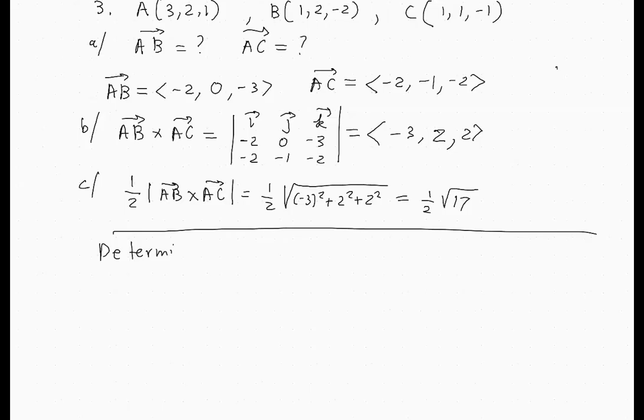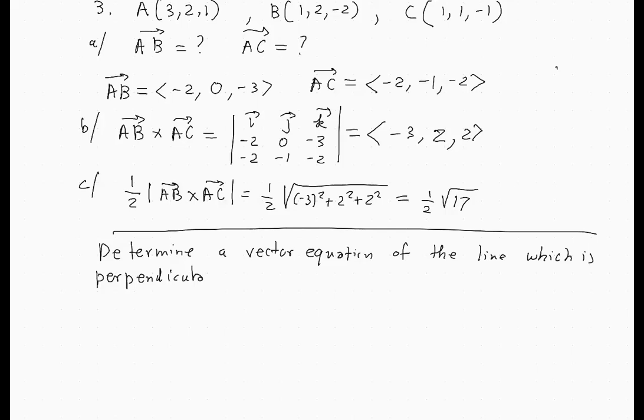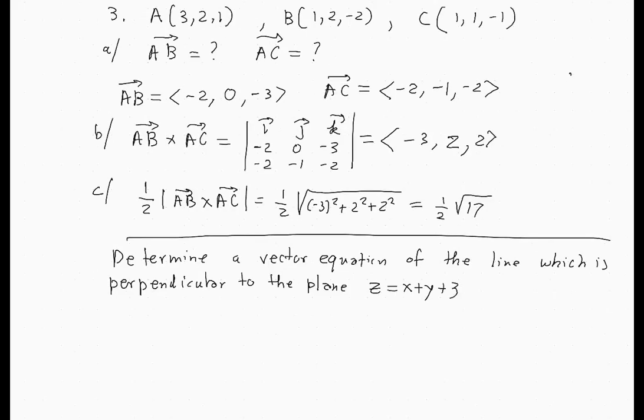So a vector equation of the line which is perpendicular to the plane with equation z is equal to x plus y plus 3, and contains the point 1, 1, 3.